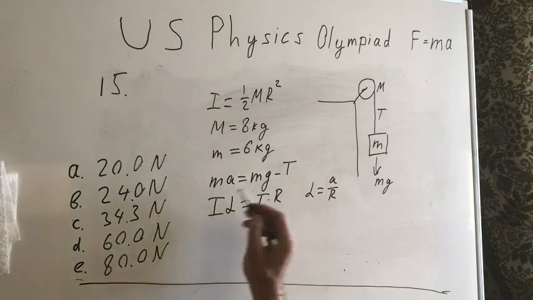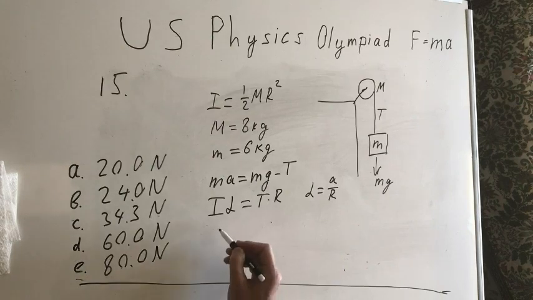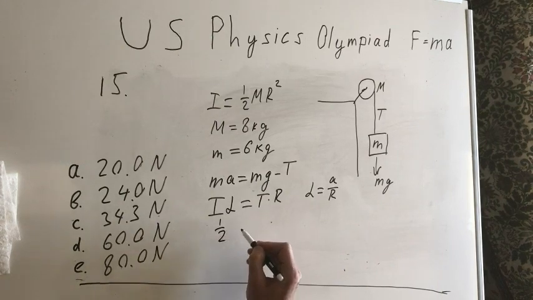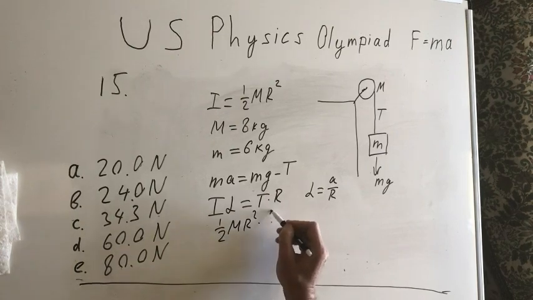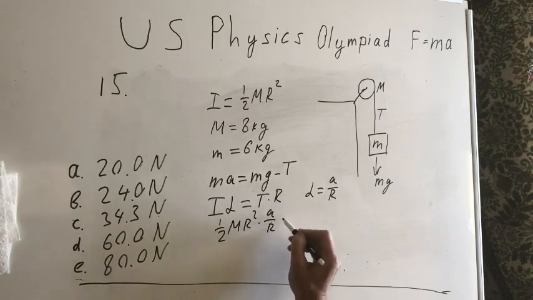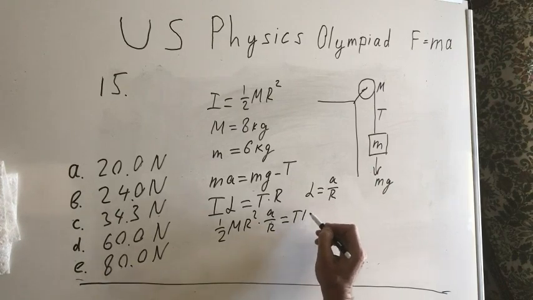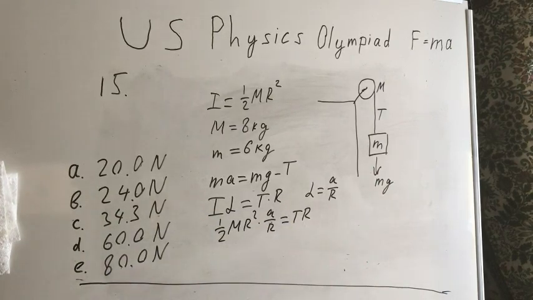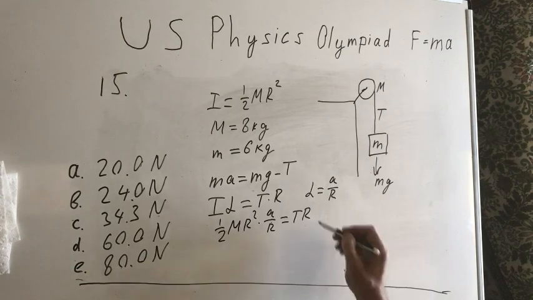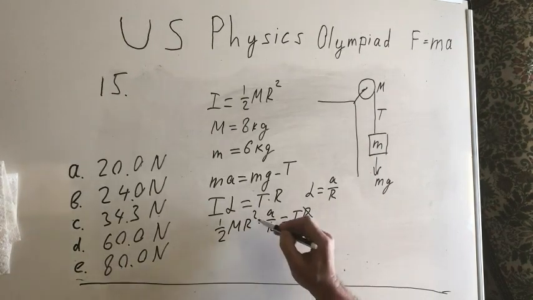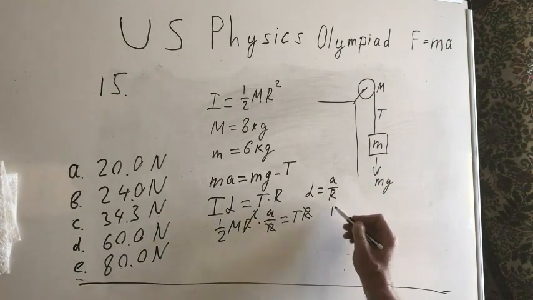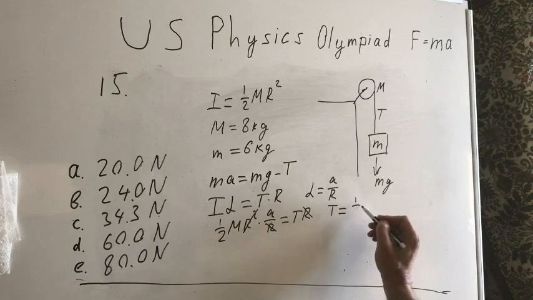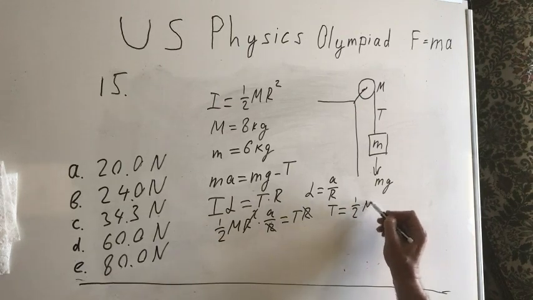So instead of this equation we have 1/2 M R squared multiplied by a over R equal T R. And we can cancel the radius, as is regular in this kind of problem, and we have tension equal 1/2 M A.